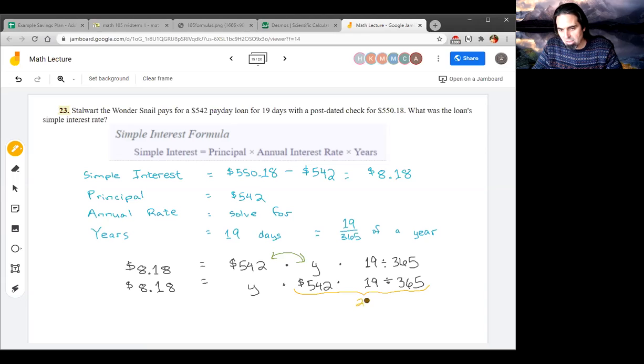28.21369. I can round in the middle a little bit because we're just going to get dollars and cents anyway. So now I have number equals y times a number. How do I get y by itself?